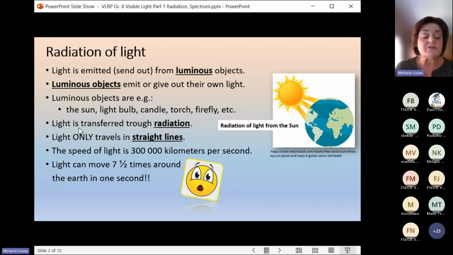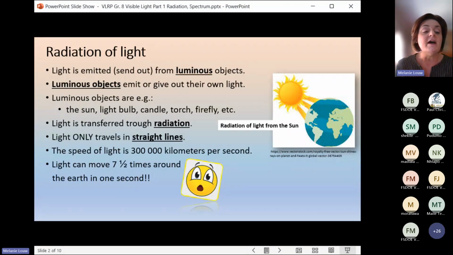And then, very important, the other thing that you need to know is that light is transferred through radiation. You can see on the picture on the right-hand side, the way that the light and the heat energy from the sun reaches the earth is through radiation. So light is transferred through radiation. And another very important point here is that light only travels in straight lines.